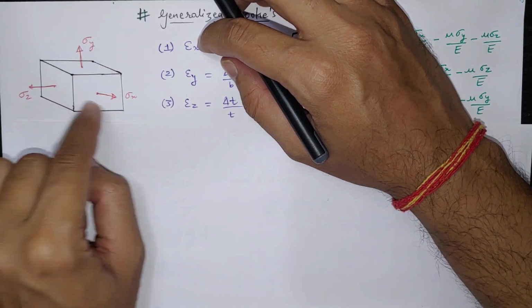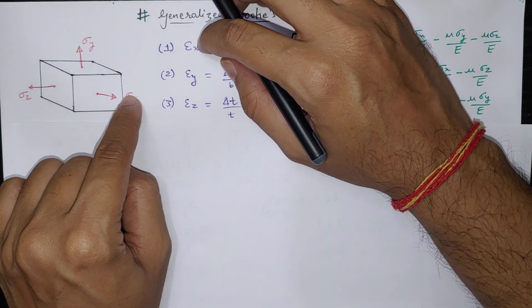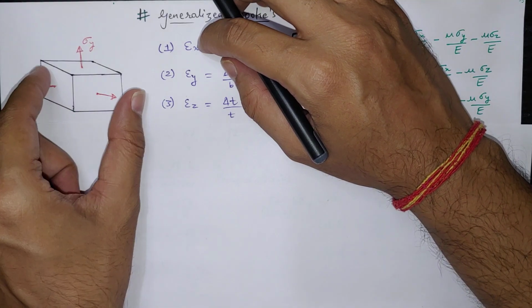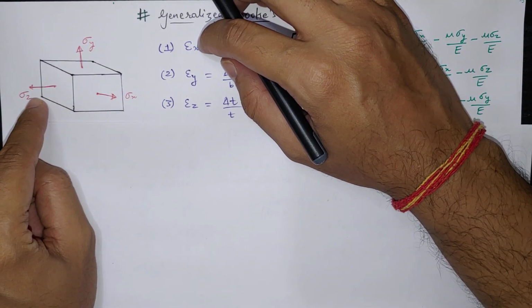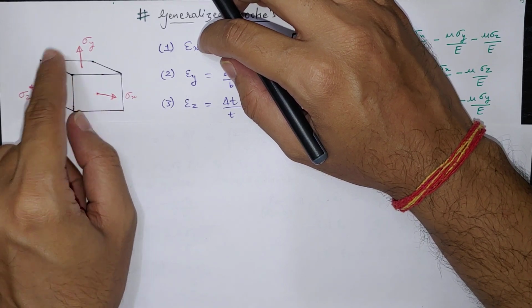So these all three stresses will affect the strain in all three different directions. Sigma y will affect x and z direction length, sigma z will affect length of y and x direction also, because of the Poisson ratio.